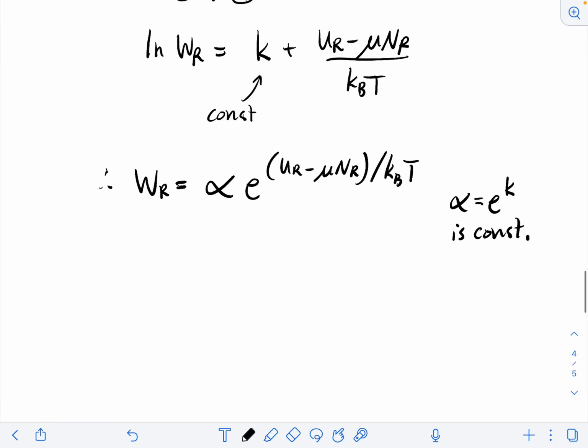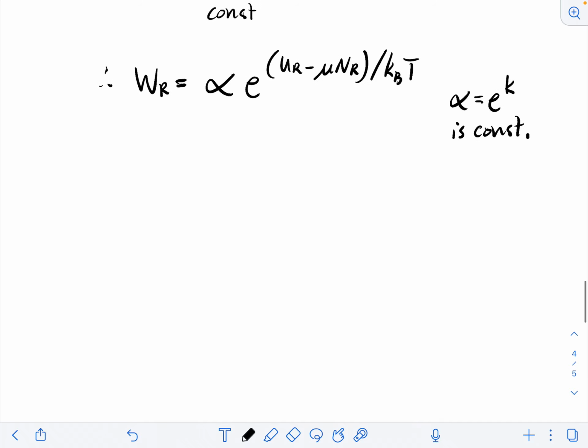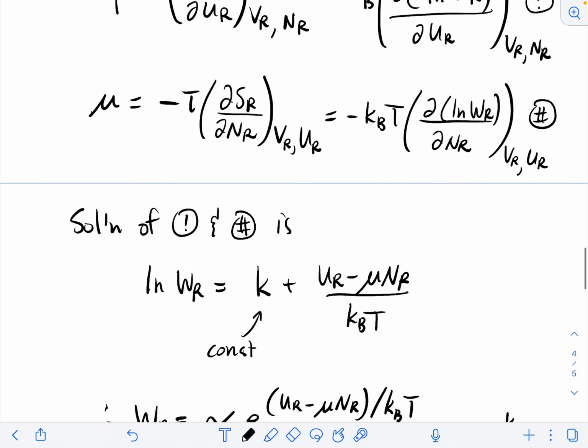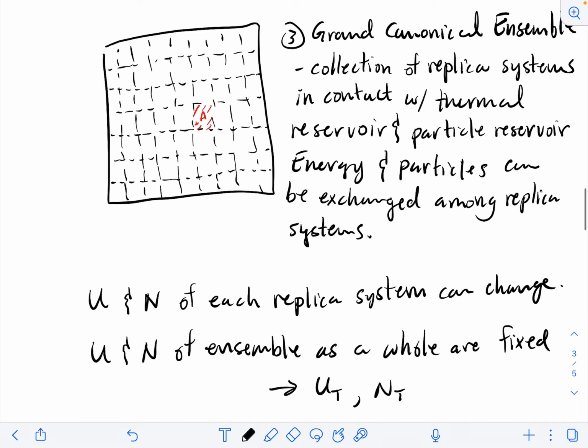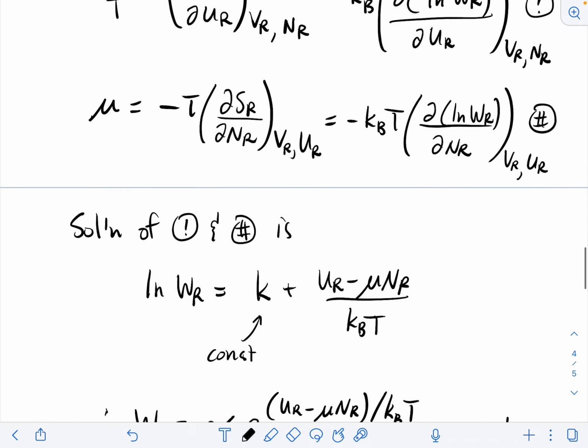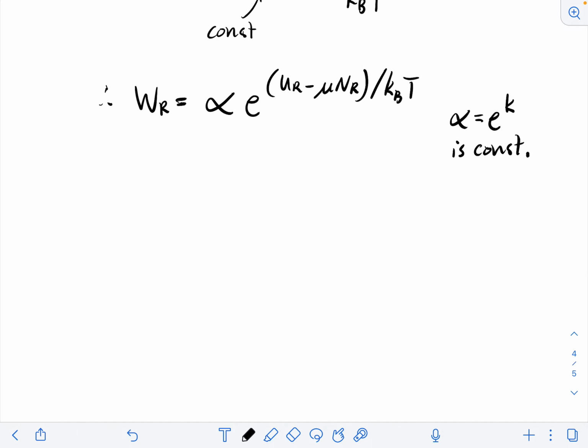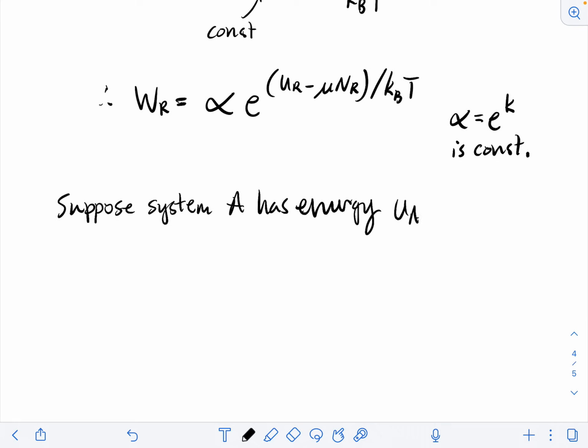Okay, so we go back here and we isolate one of these systems, the red system, system A, and we say suppose system A has energy UA and NA particles.